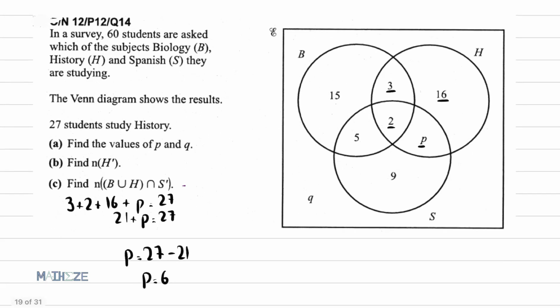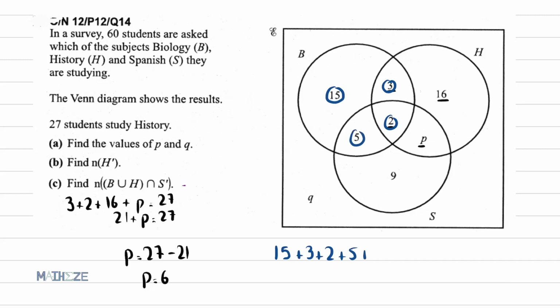In the next part, I need to find q. So guys, if I add the entire Venn diagram, 15 plus 3 plus 2 plus 5, plus 9 plus p, that was 6, plus 16 plus q.